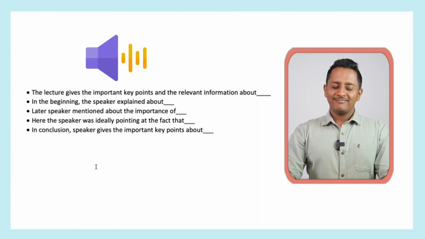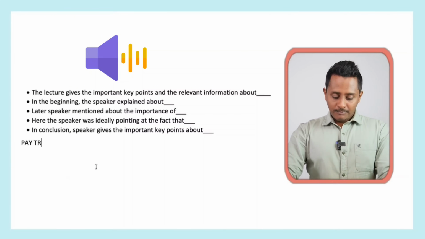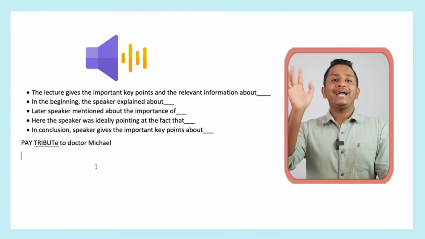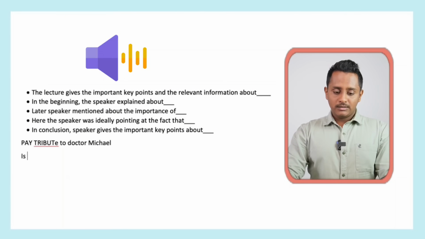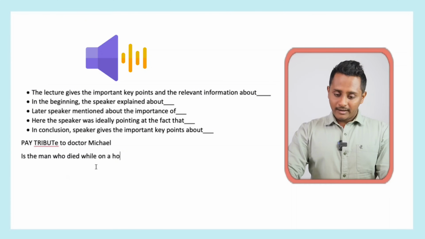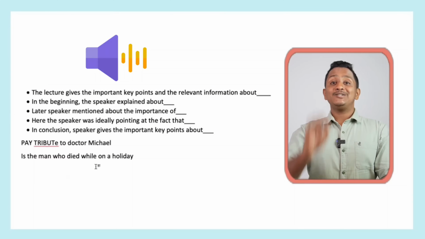Hi there. Today in this English lesson, I'd like to pay tribute to Dr. Michael Mosley. Someone who transformed public health through his novel approach and his television programs on the BBC. Michael Mosley is the man who died while on holiday this month. You may have heard of him or you may not. But he was an example of someone I admire because he was in one sense very ordinary.